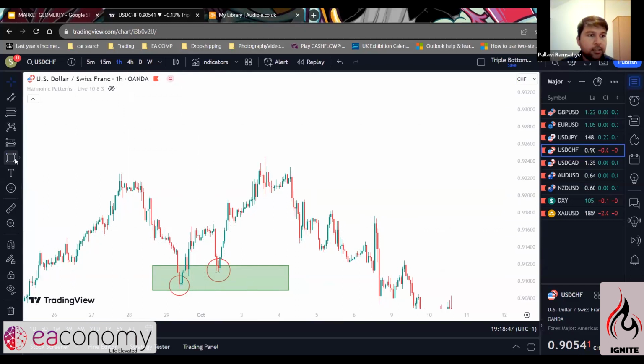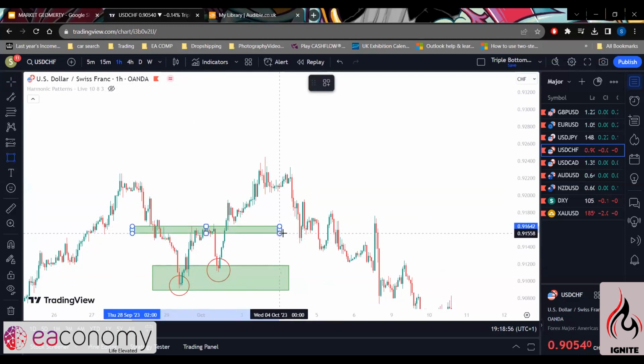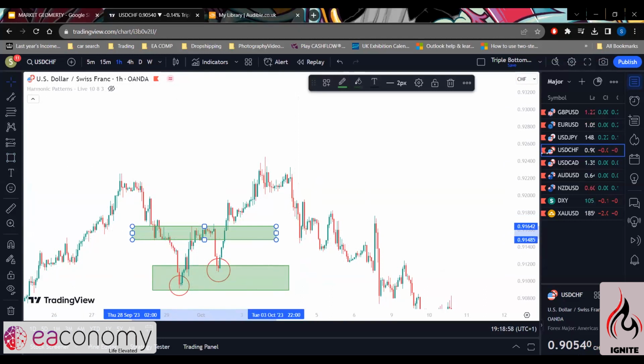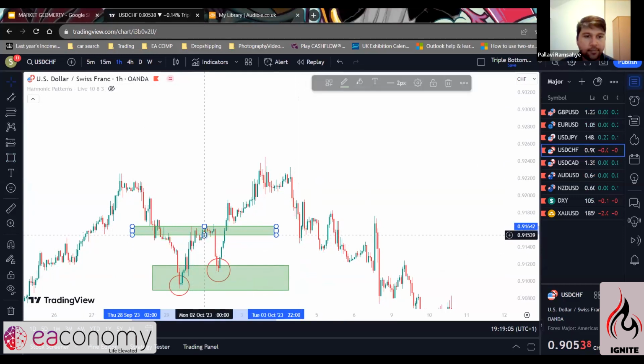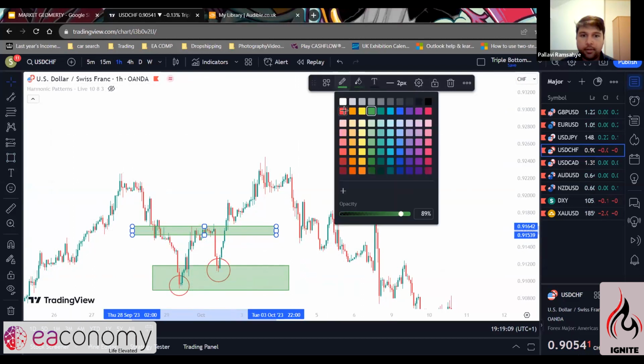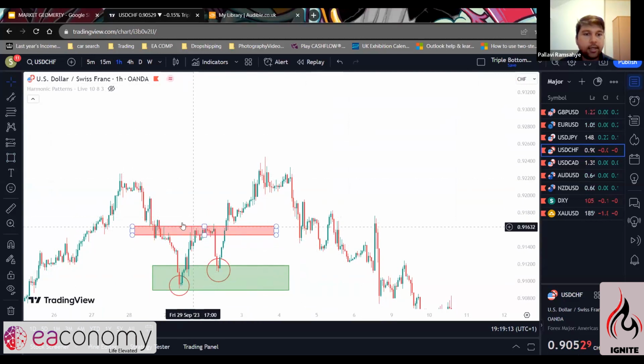So with the swing high, let's say, for example, we could place it there. So right there, that's the resistance zone created by that swing high in the center.